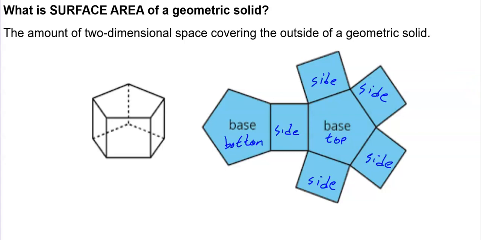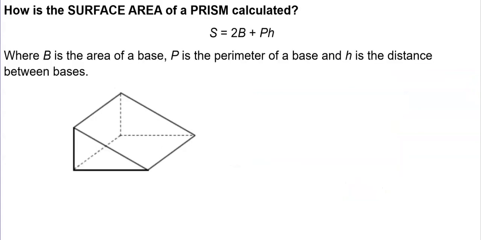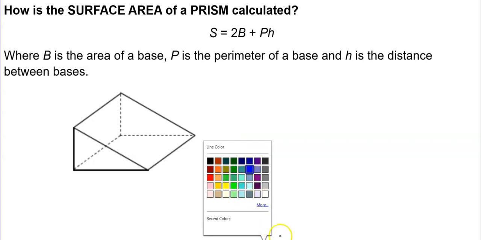So we have different formulas to help us out. If I give you any prism, the surface area of the prism, the area of all the shapes that make up this prism, that's going to be 2 triangles and 3 rectangles, can be found by always using this formula: 2 times big B plus big P times little h, where big B is the area of the base.